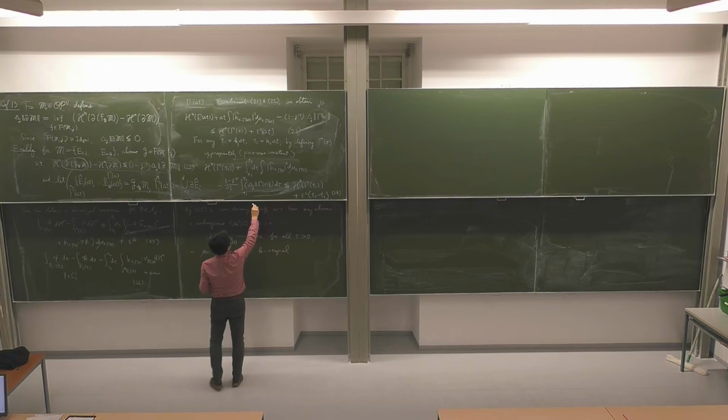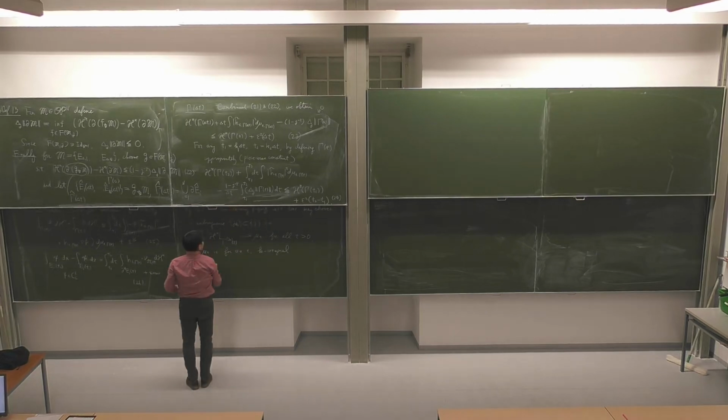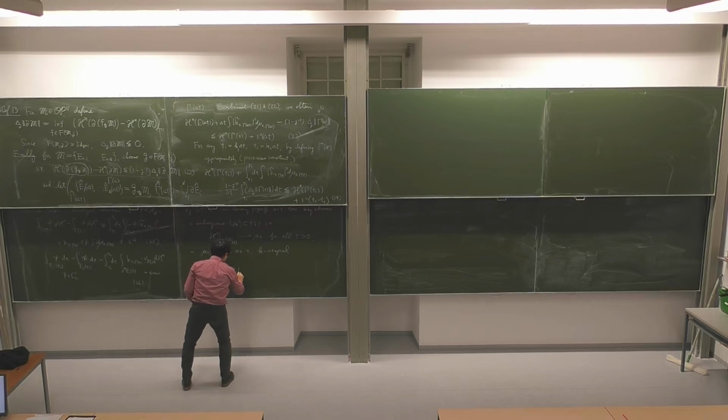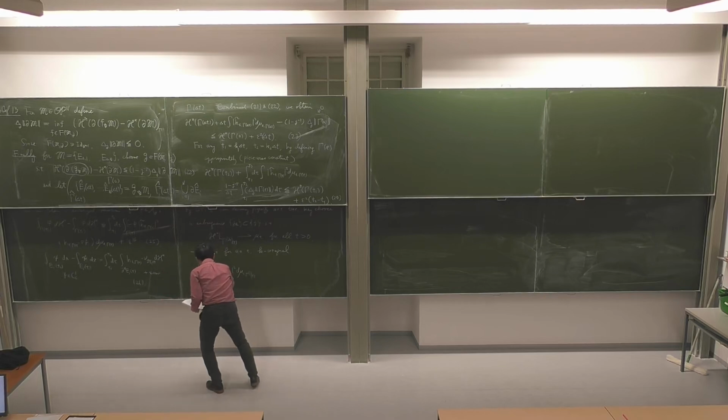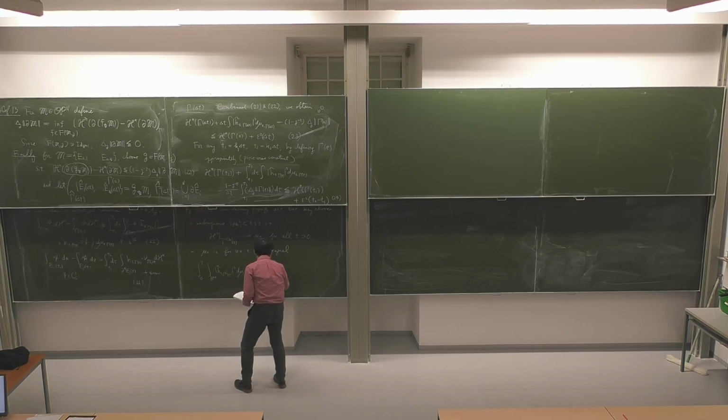Because of this estimate, we have an estimate of this type: h tilde epsilon gamma j t squared, 1 plus minus delta j, and so on.